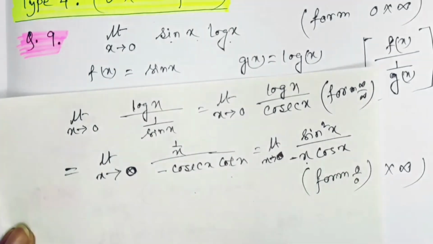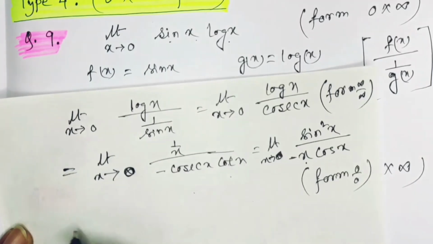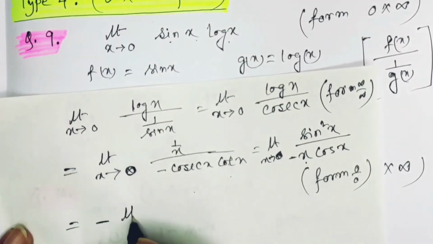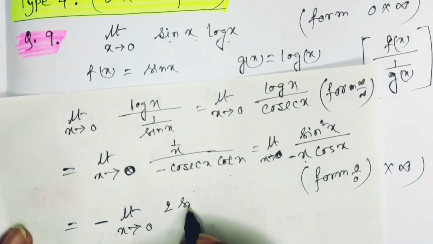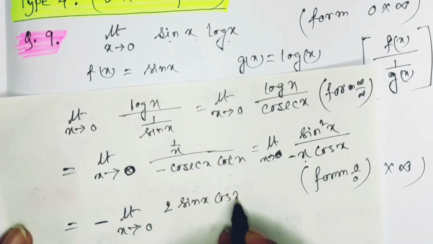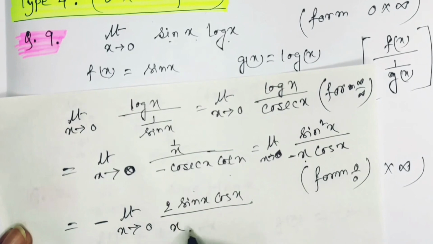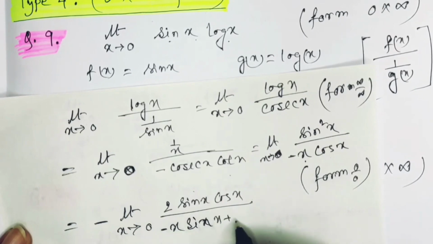As it is in the form of 0 by 0, we simply take the derivative again. We take the minus outside, so that limit x tends to 0. Now its derivative is 2 sin x cos x, and for the first function the derivative is cos x, and its derivative is sin x, so it is minus then plus of cos x finally.